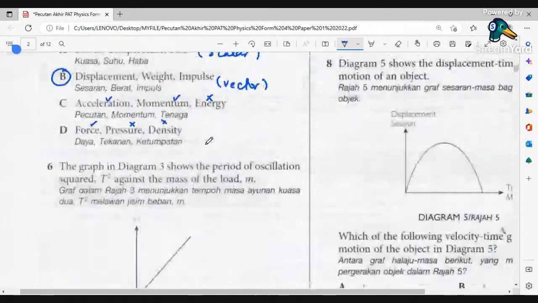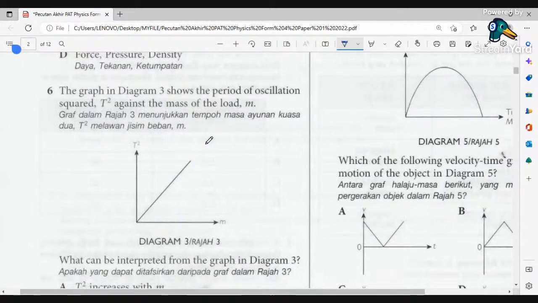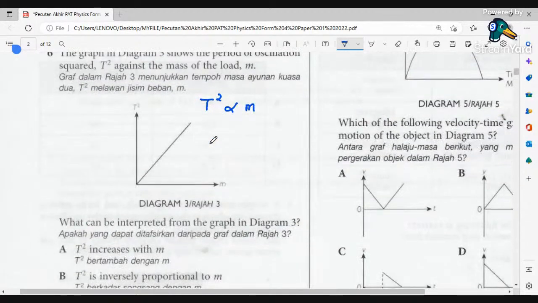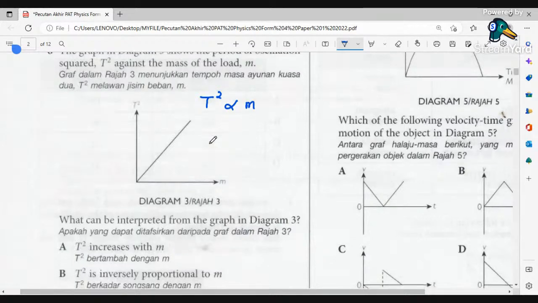Okay. Number 6, the graph in diagram 3 shows period of oscillation T squared against mass. T squared directly proportional to mass, according to this graph, which can be interpreted from the graph in diagram 3.